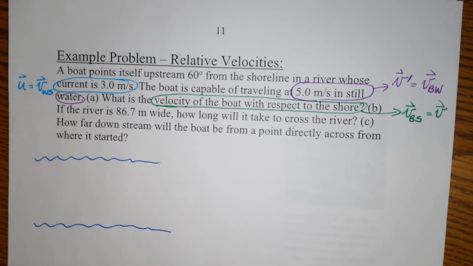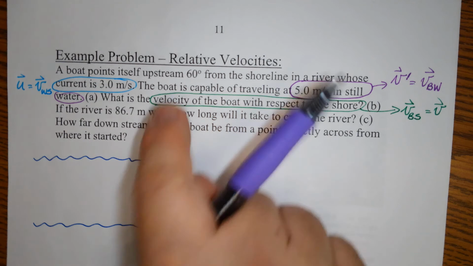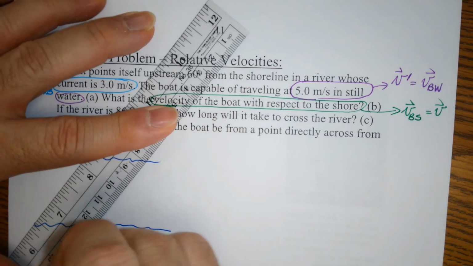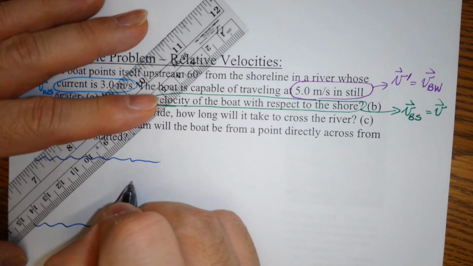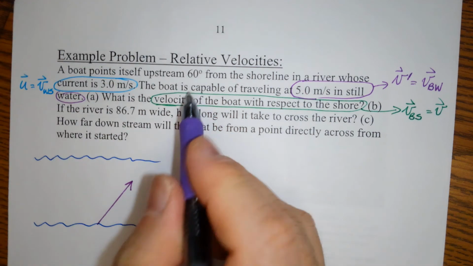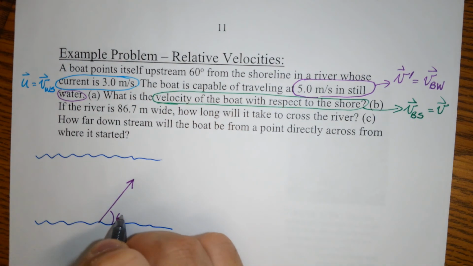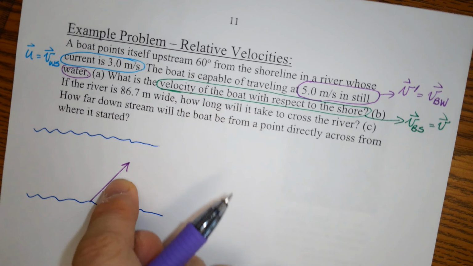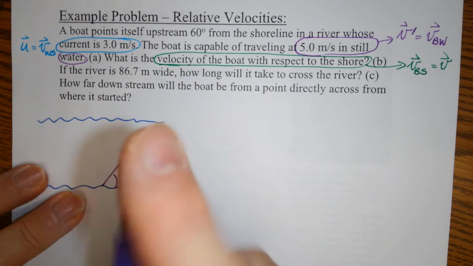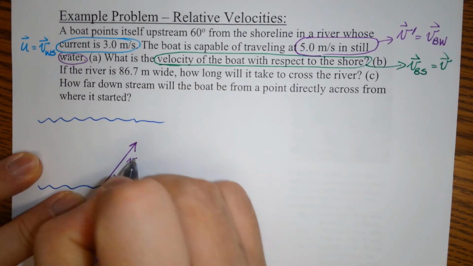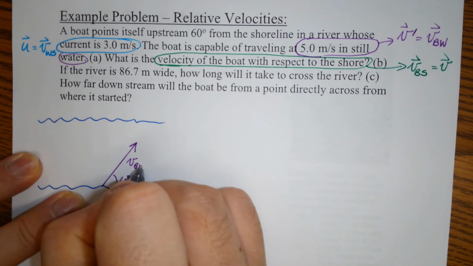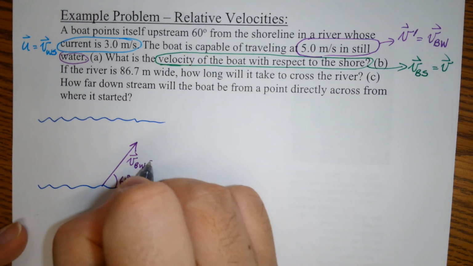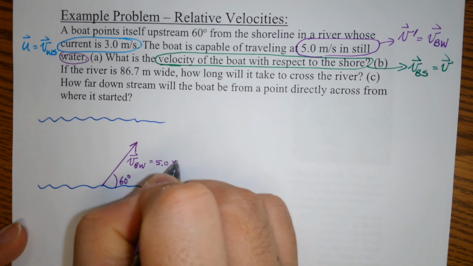And our boat is heading 60 degrees from the shoreline. So it is heading this way, 60 degrees from the shoreline. So this angle here is 60 degrees. And this V is the V prime, or simply the velocity of boat with respect to water. And we know that is 5 meters per second.